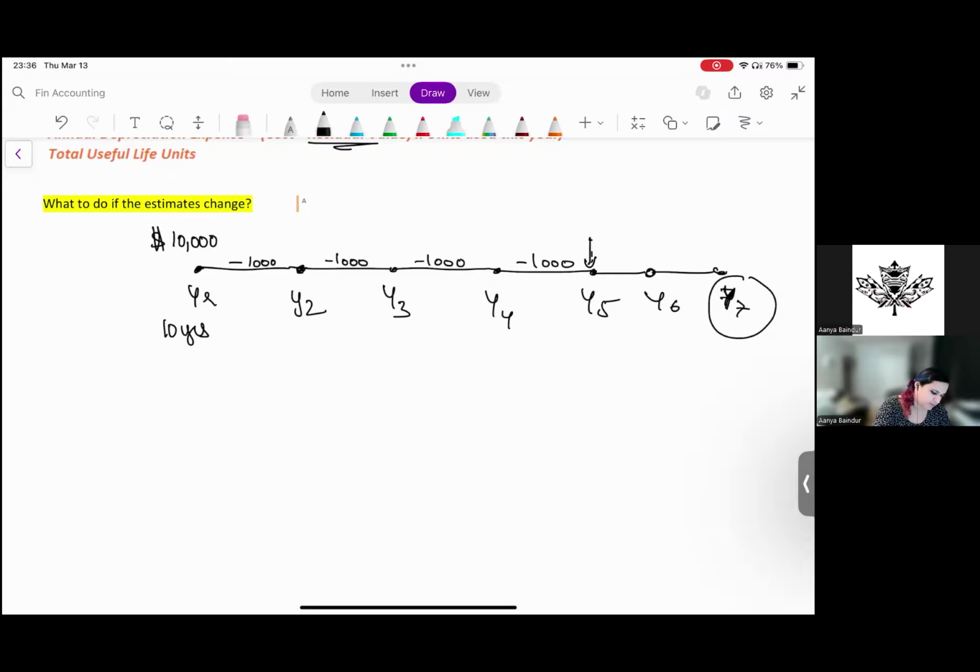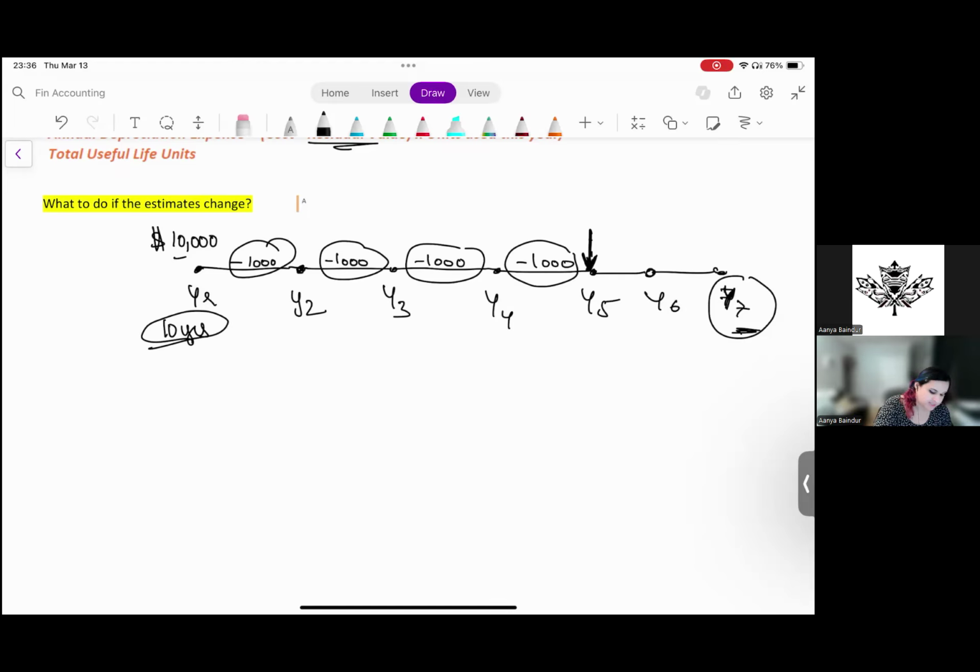So far we've been depreciating by this amount and assuming that it would last 10 years, but now we assume it's only going to last till 7 years in total. So in this case, we don't go back and retroactively change any of the past values. Whenever the estimate changes on that particular date, we find out what the net book value is.